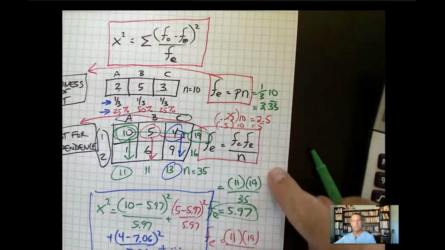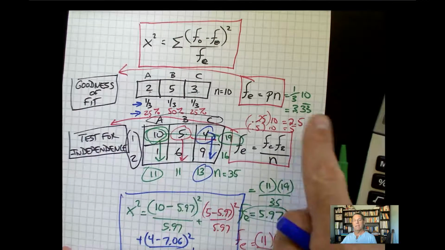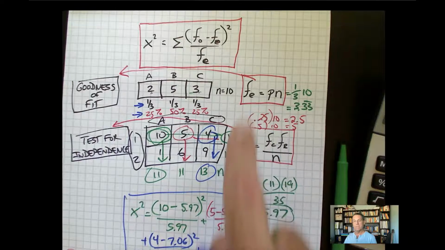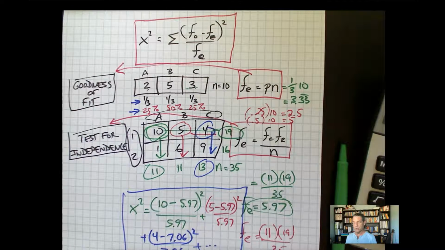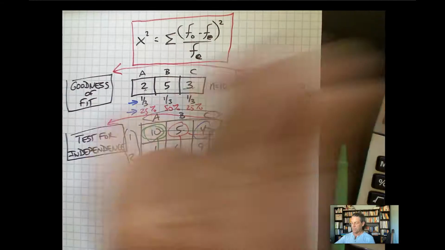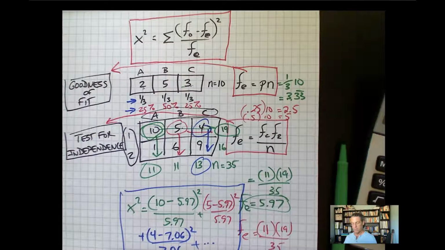So just remember that this is the main point, is that you got to figure out which one you're doing, goodness of fit or test for independence, and just remember that the formula for frequency expected is different. Okay, so just make sure you have that in your notes. So that's the only thing that's different between these two. Otherwise, the chi-square is exactly the same. So that was the main part there.